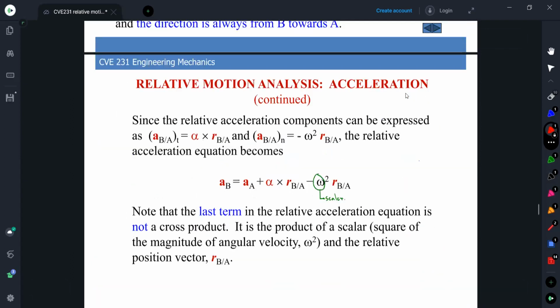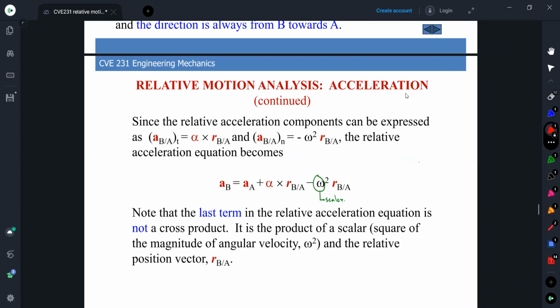So in conclusion, when we would like to find the acceleration by using relative motion analysis, we use this equation, composed of the acceleration of point A, due to translation only, combined with the relative acceleration of point B with respect to A, composed of the acceleration in tangential and normal components.